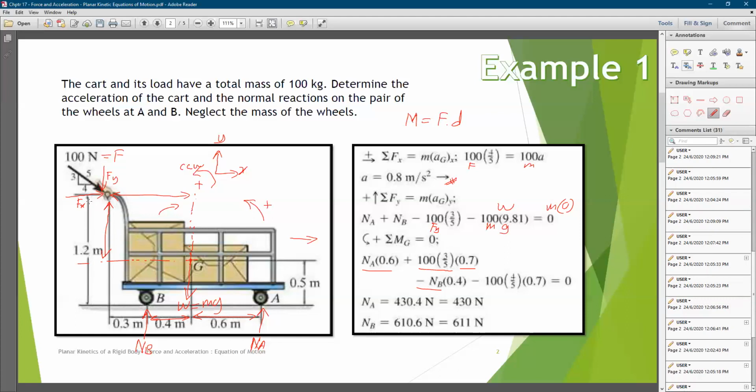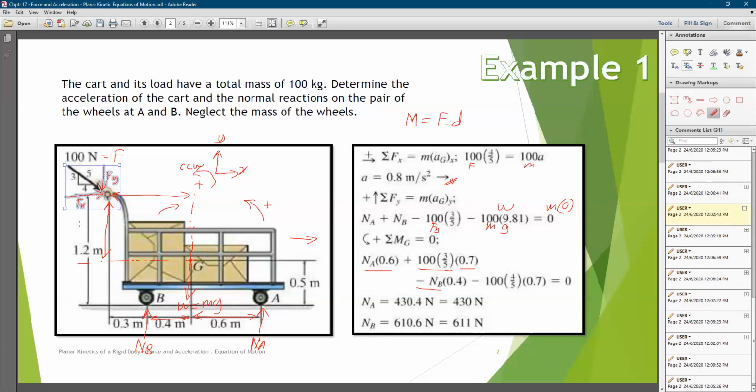We know that from here it is 1.2, and down here is given 0.5. So 1.2 minus 0.5, here is 0.7.